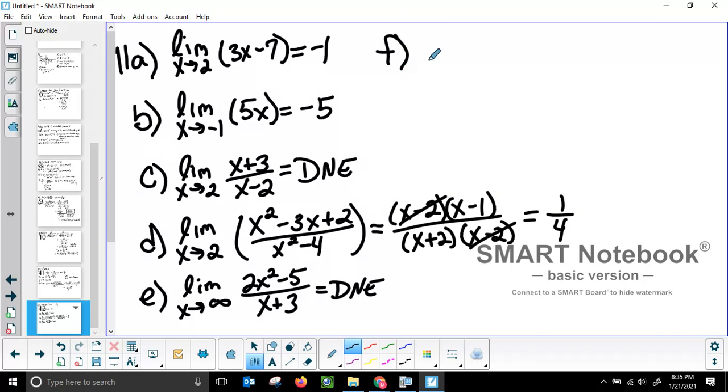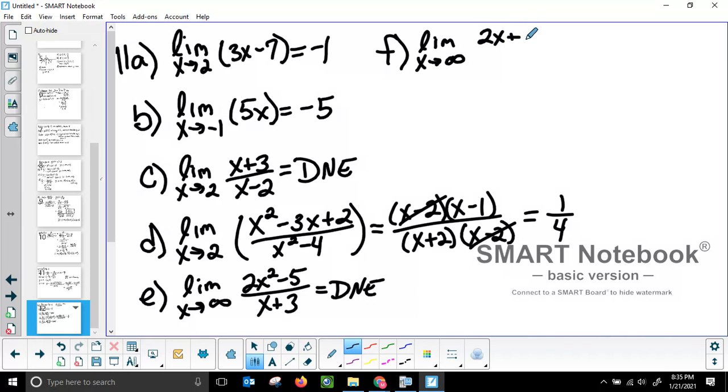All right, F, another limit as x approaches infinity. Actually, E was 2x minus 5 over x plus 3, and F is actually 2x squared minus 5 over x plus 3, so I'll just switch them around.